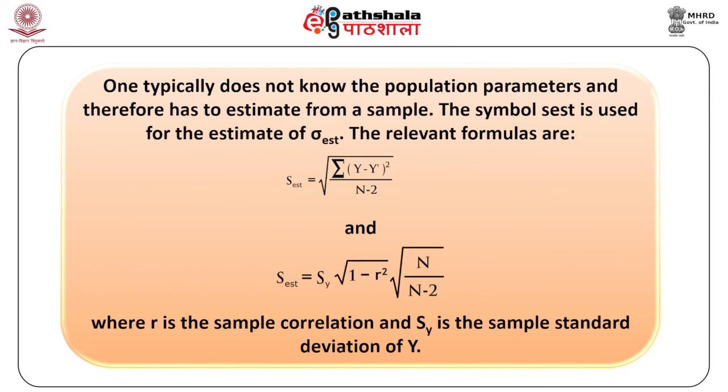The relevant formulas are S est equals under root summation y minus y dash whole square divided by n minus 2, and S est equals S y multiplied by under root 1 minus r square multiplied by under root n divided by n minus 2, where r is the sample correlation and S y is the sample standard deviation of y.